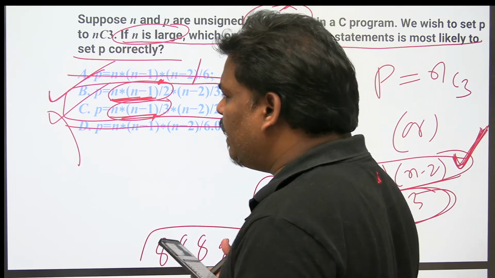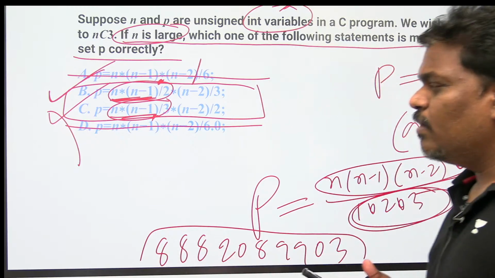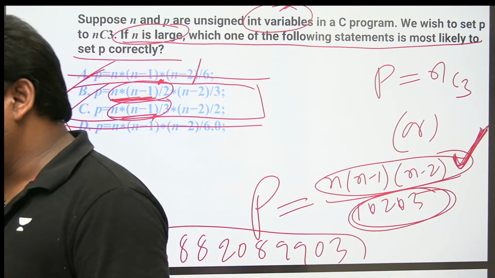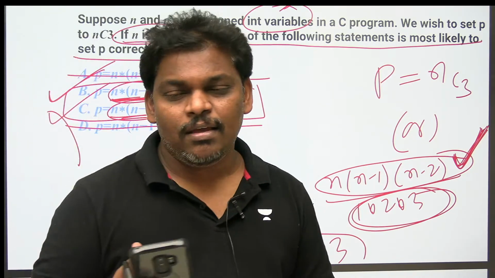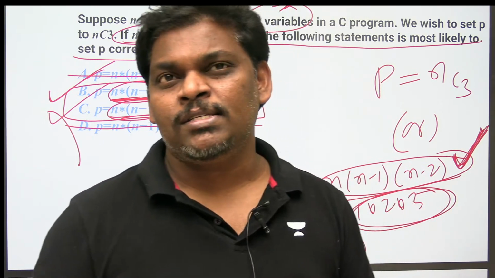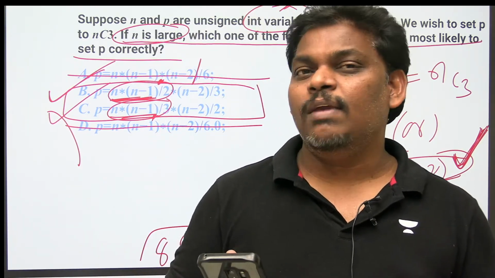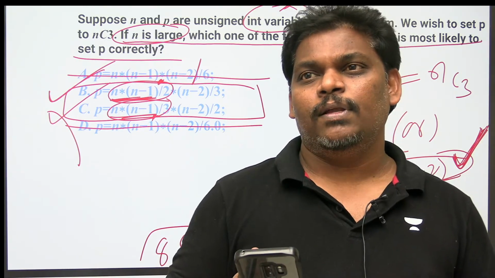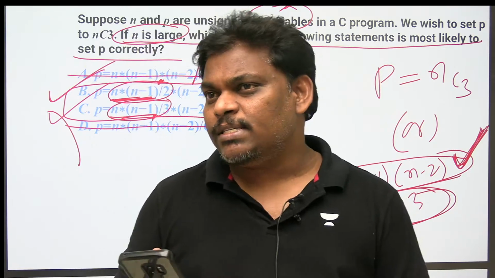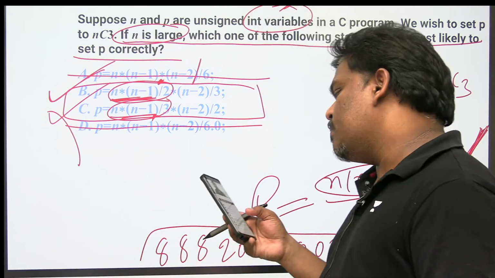So comparing AD, BC are better. But in option C, some data you are losing, because even number by 3 may give a fraction. In the fraction you will take only the integer, because the problem gives integers, so you will lose some data. So of B and C, in B you are not losing, in C you are losing. So the best option is B.